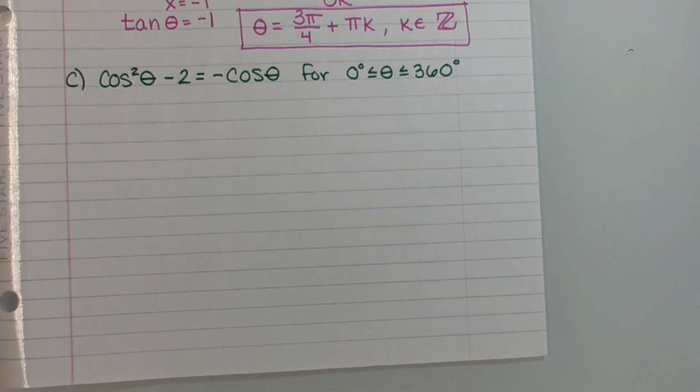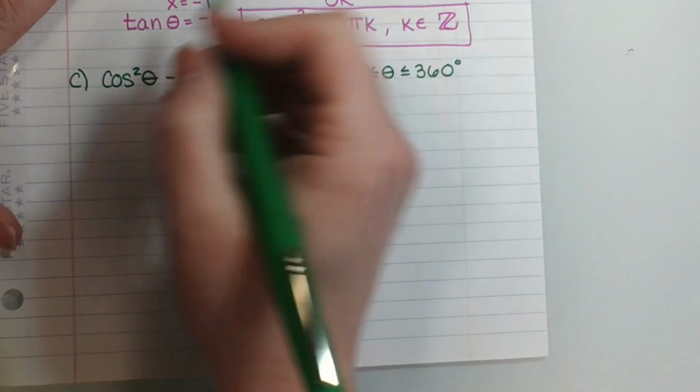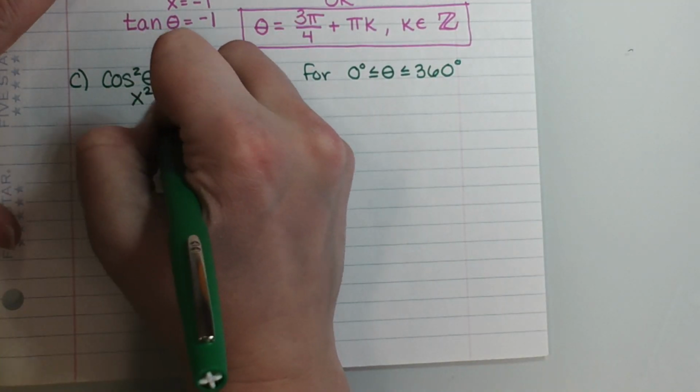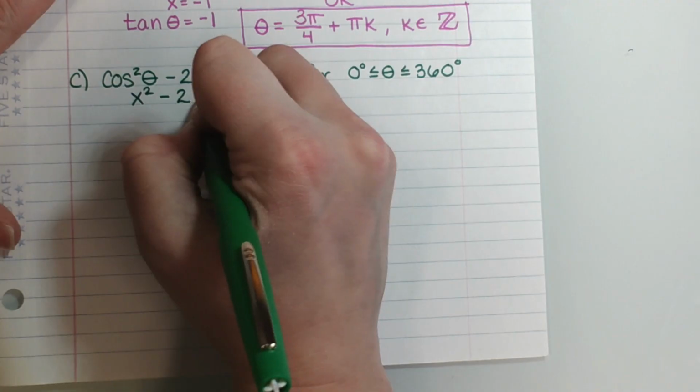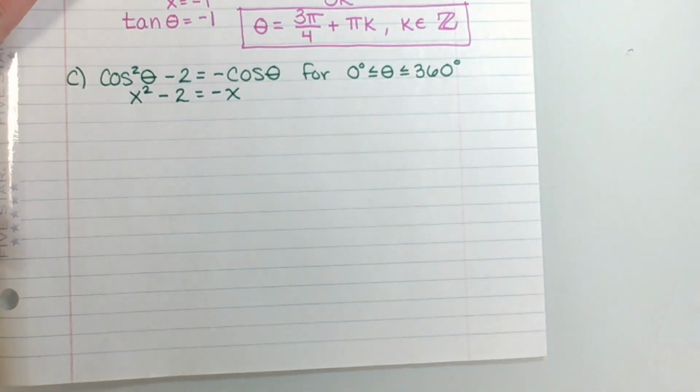I am allowed to change it to a variable if it's the same trig ratio and that trig ratio is to the same angle. Is that true in this case? Yes. Which means I can solve this as, instead of cosine squared, x squared minus 2 equals, instead of negative cosine, negative x.